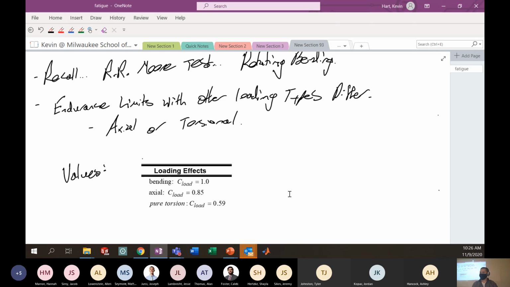If you have axial fatigue loading, you modify your pristine value by 85%. And interestingly, in pure torsional fatigue, you modify by about 60%. Here, 59%. This here is interesting because we know the max shear criteria uses like a factor of 2.